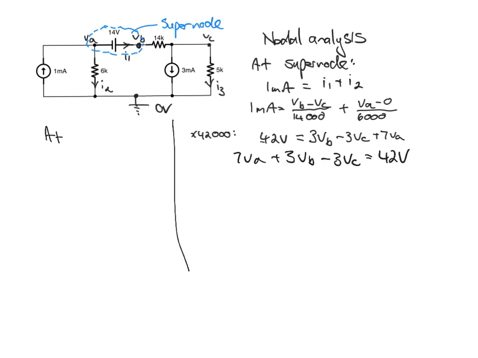At node VC, by Kirchhoff's current law, we've got I1 flowing in, and flowing out we've got the 3 milliamps plus I3. Writing the currents in terms of node voltages, we saw previously that I1 is equal to VB minus VC divided by 14,000, and that's equal to 3 milliamps plus I3.